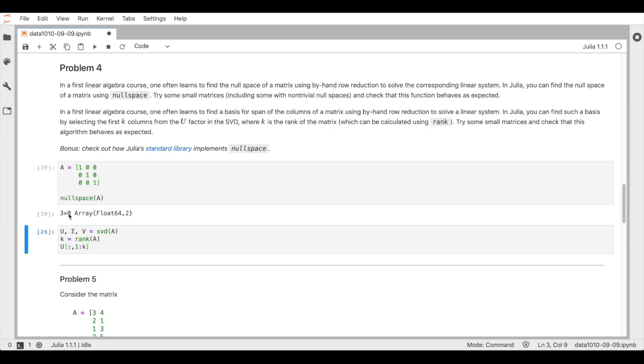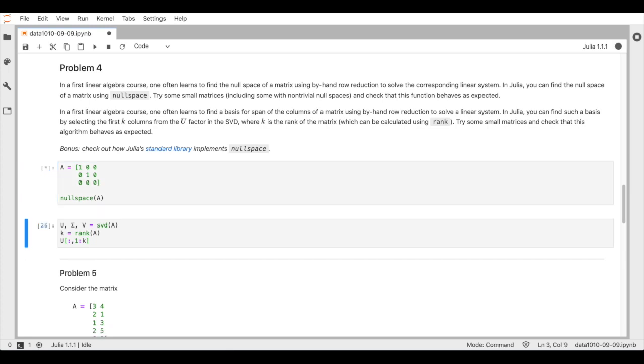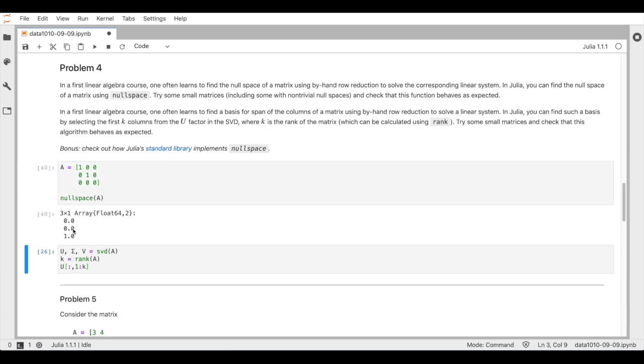We get a matrix that has 3 rows and no columns, indicating that there are no dimensions to the null space. And if we make sure that it has a null space, then we start to get more columns showing up. So for example, if we leave that last row empty, then 0, 0, 1 is going to span the null space.